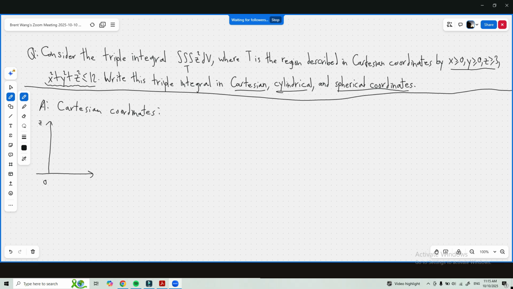It really doesn't matter, actually. And let's say this is the sphere, and Z equals 3 is somewhere here. And this is x squared plus y squared plus z squared is equal to 12. This is the region we're asked to integrate.